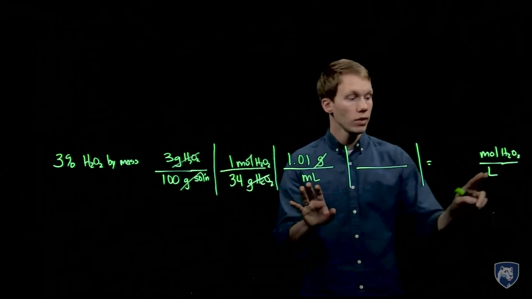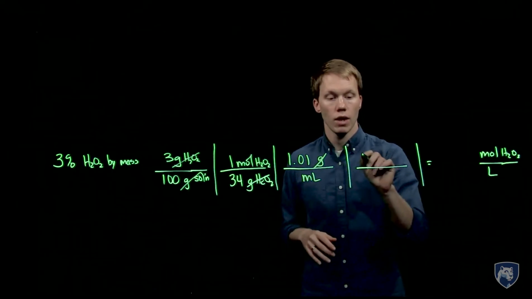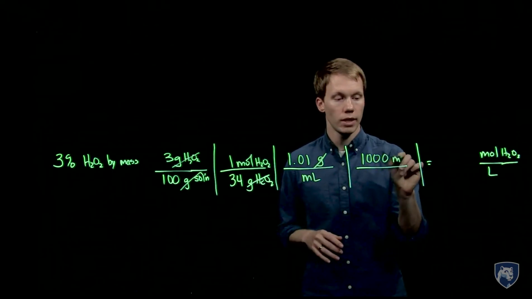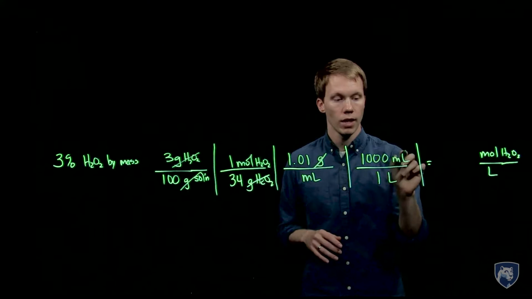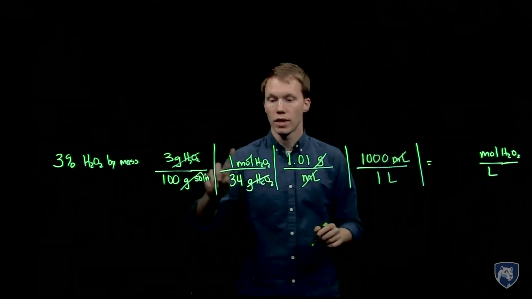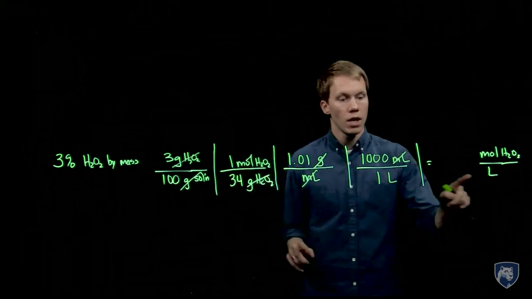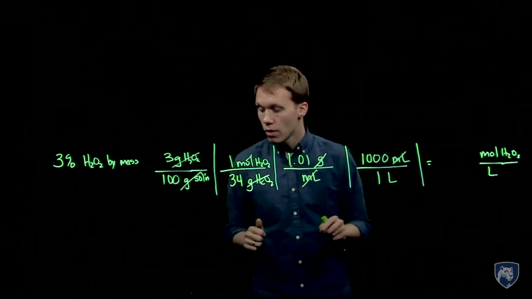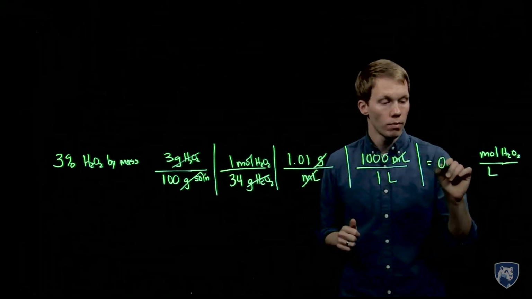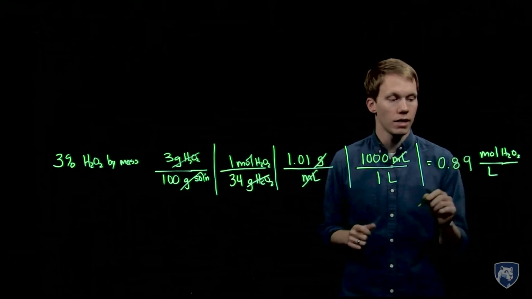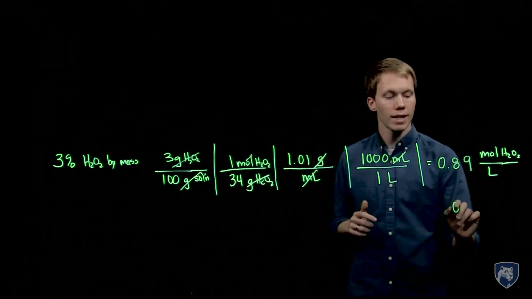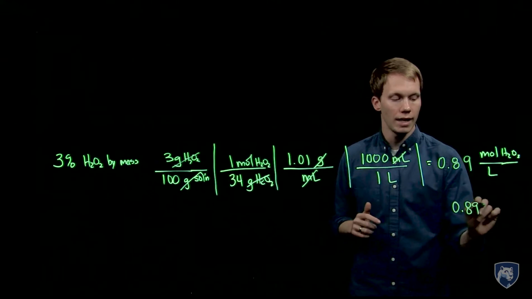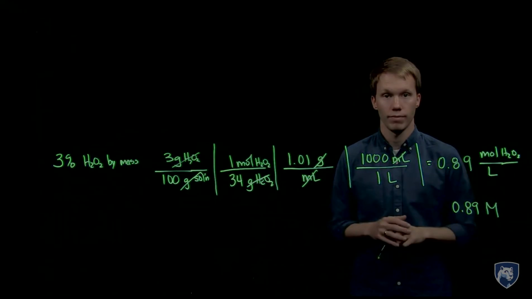And now I have mL, and I'm going to liters. So there are 1,000 milliliters in 1 liter. And that gives me the units that I want, moles per liter. So if we plug these numbers into my calculator appropriately, we get 0.89 moles per liter. And we can write this as 0.89 molar.